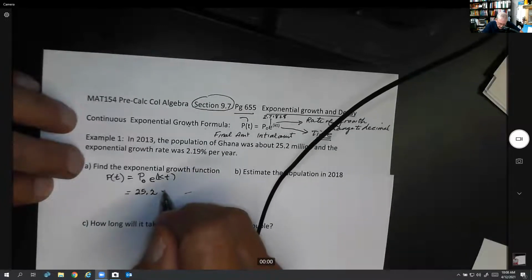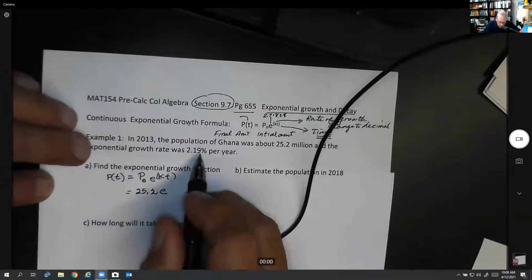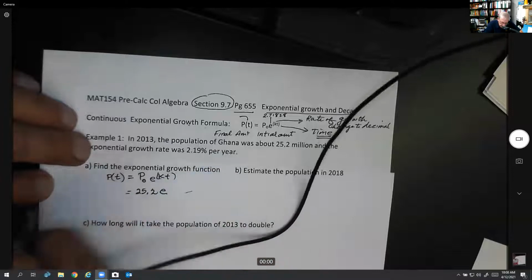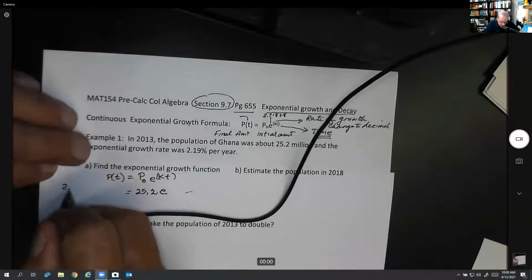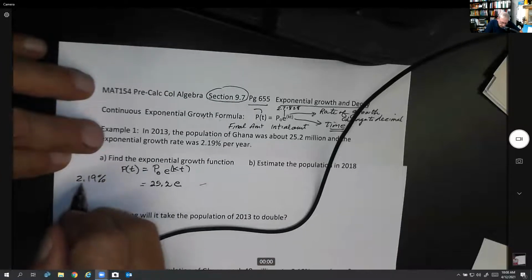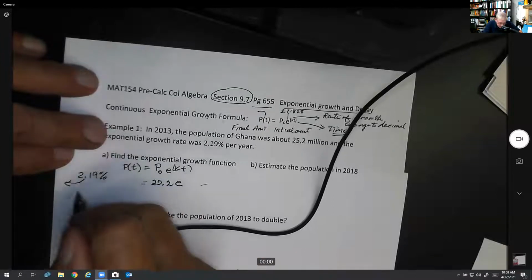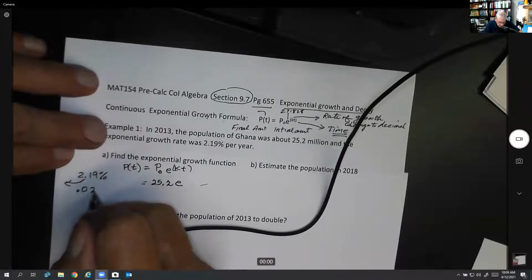E, of course, is a constant. The growth rate was 2.19%. So we want to change 2.19% to a decimal. We're going to move it over 2 places to the left. 0.0219.